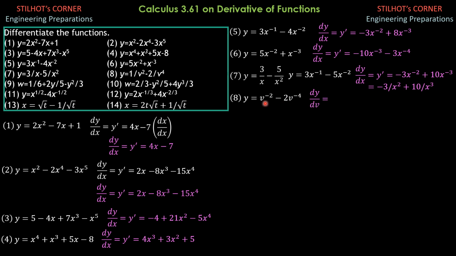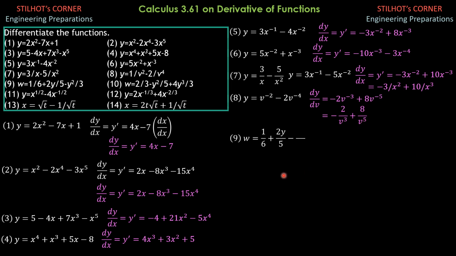So dy/dv is equal to negative 2v to the negative 3 plus 8v to the negative 5. Or we can rewrite that into this form as negative 2 over v to the power positive 3 plus 8 over v to the power positive 5.